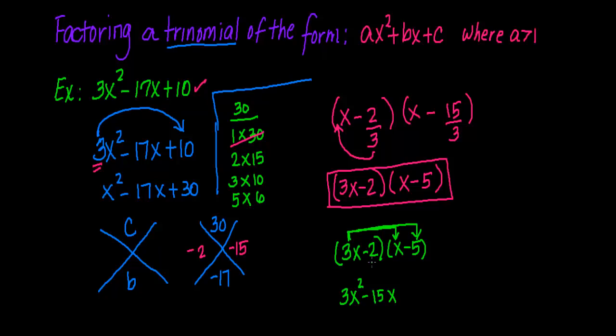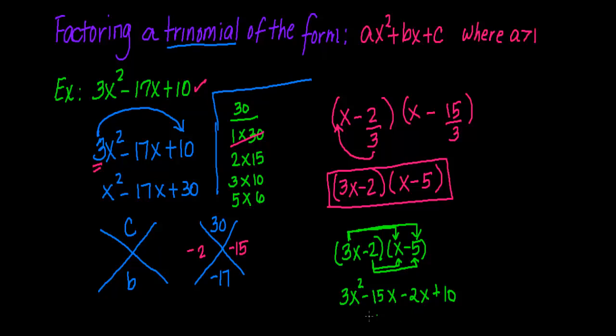Then I take the second term, negative 2 times x, that gives you minus 2x. And take that same second term, negative 2 times negative 5, that makes positive 10.